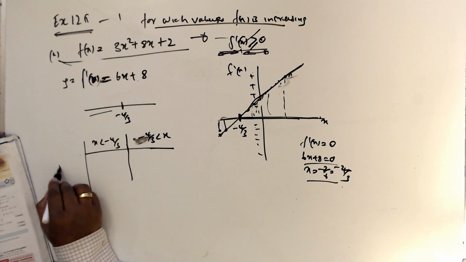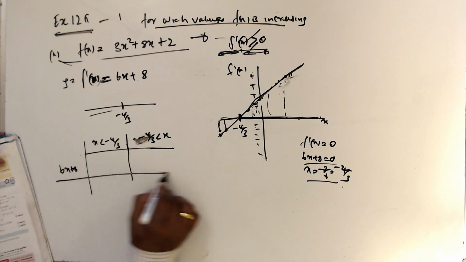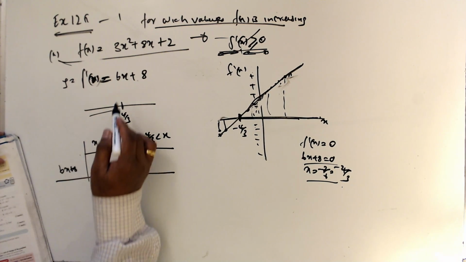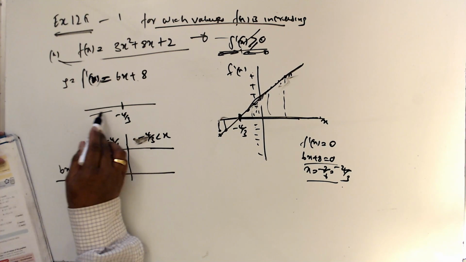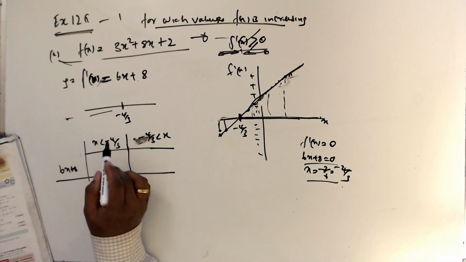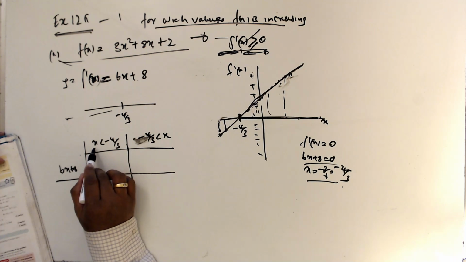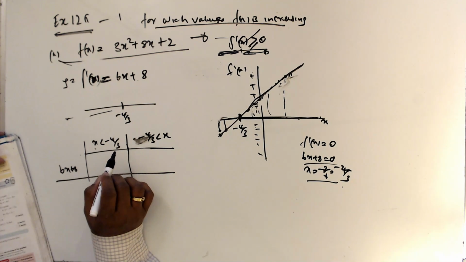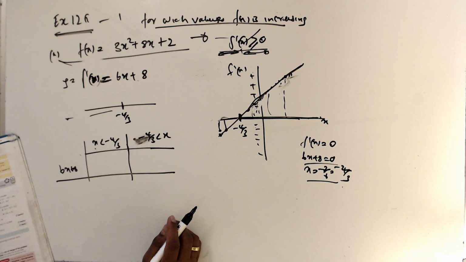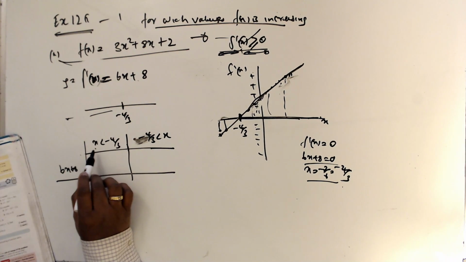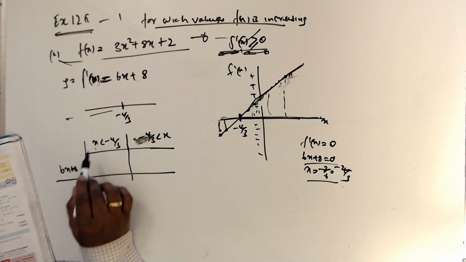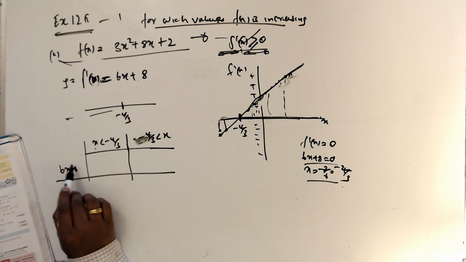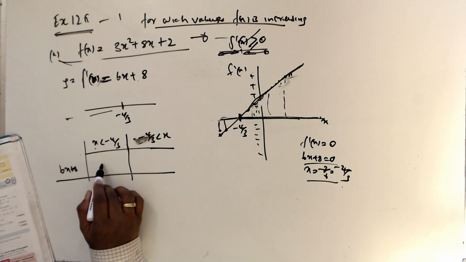So what will happen to the 6x plus 8 value? If we put minus 1000, which is less than minus 4 over 3, what is the value here? This value is going to be negative.